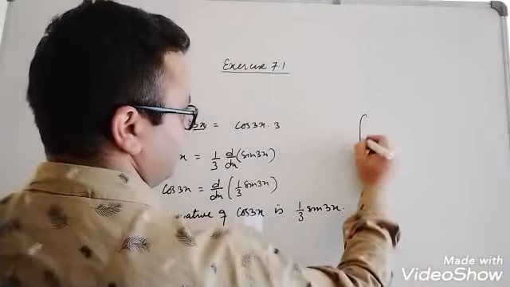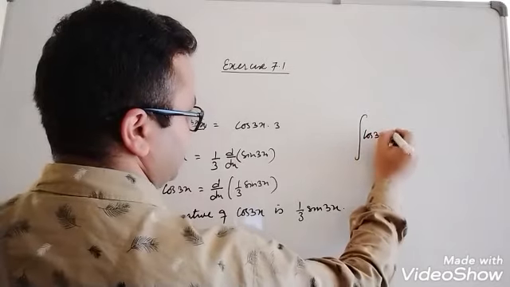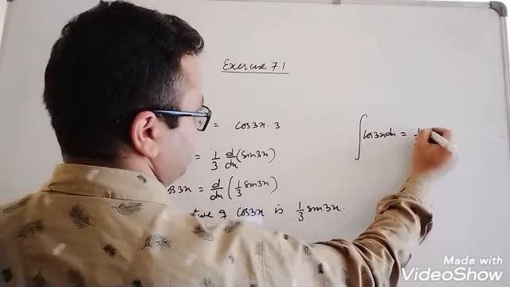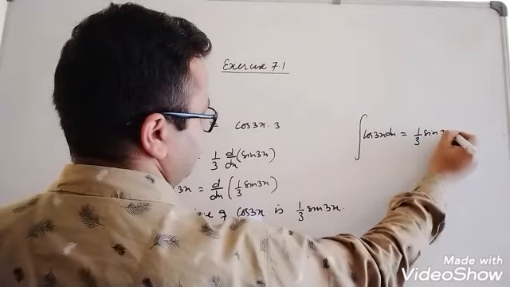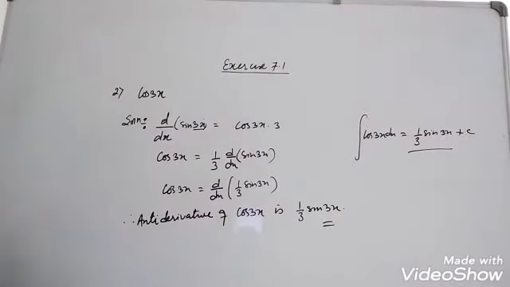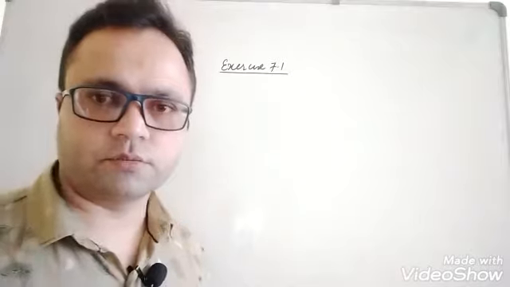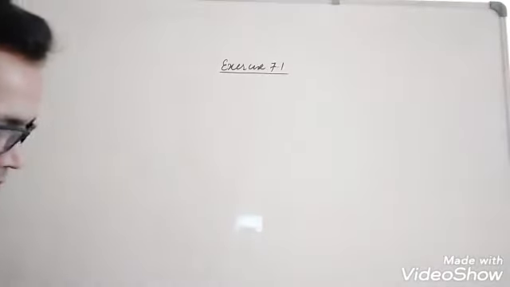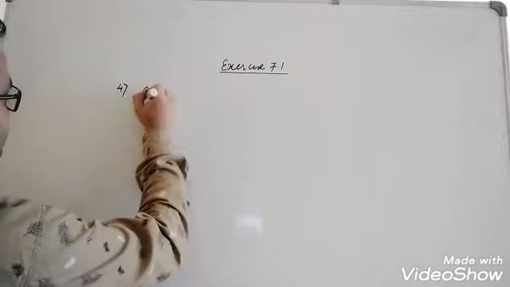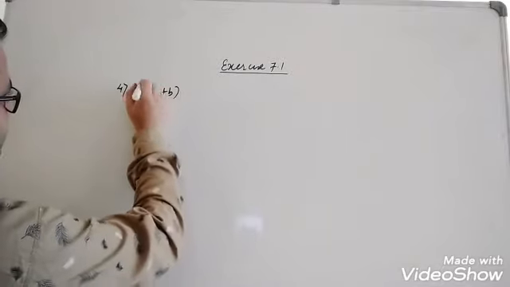The integration of cos 3x dx is 1 by 3 sin 3x plus c. So this is correct. So next question, question number 4. Question number 4 is (ax plus b) whole square.